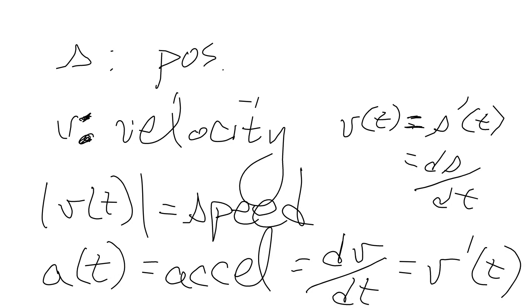Velocity is the first derivative of s, so this also equals s double prime. The second derivative of your position is acceleration. Acceleration is like your pull.